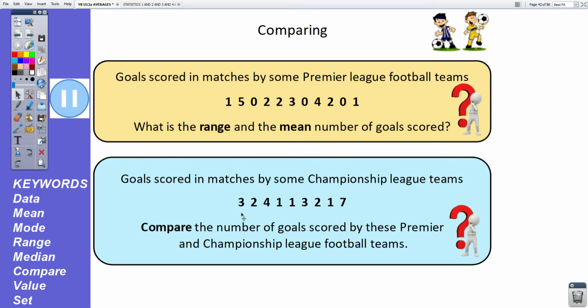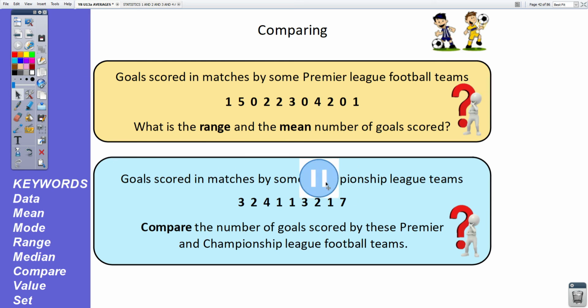That is not a comparison. That has no value mathematically or statistically at all. You need to compare range and mean. So you will need to work out the range and the mean for these teams and then make your comparisons afterwards.